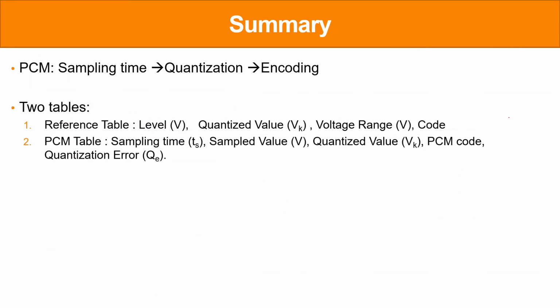Summary for PCM. So we have sampling time. First of all, we need to calculate the time sample. Before that, we need to know the frequency sample, Fs equals 2 FM. Next is quantization. We need to know the level by knowing the bits per sample and then the delta V, which is the step size.